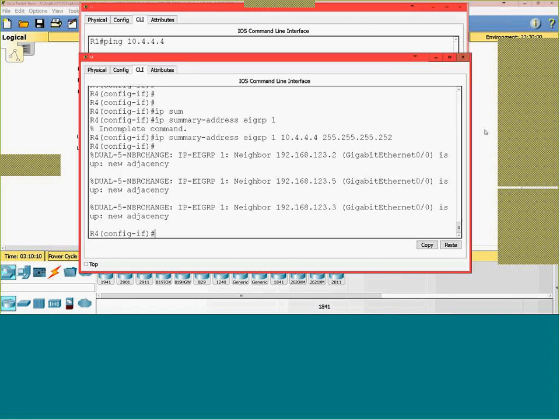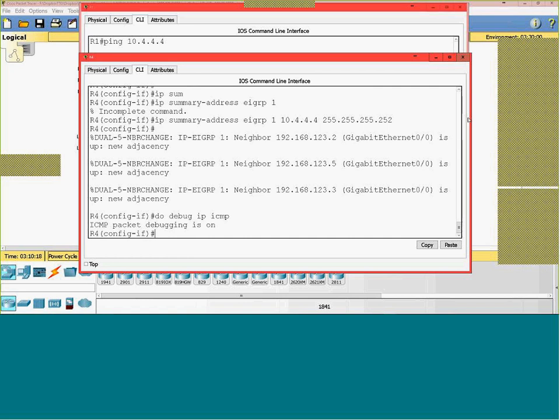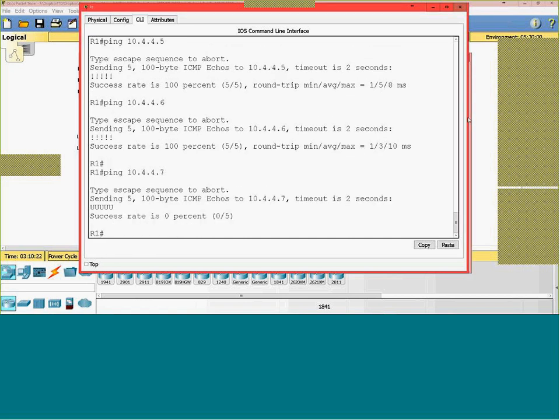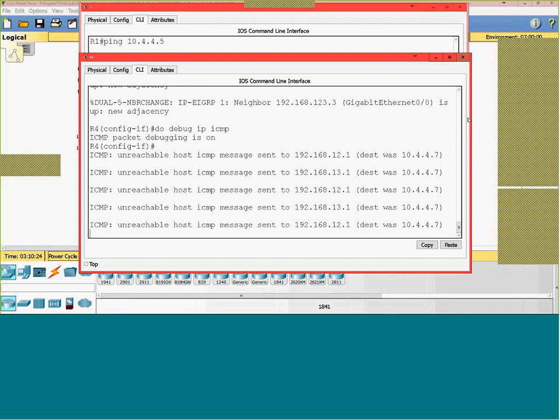In fact, I don't know if this will work, we'll give it a shot. Do debug ip icmp. Ping 10.4.7.4, unreachable. And in fact, I saw those pings hit the router, because the 7 subnet is included in that summary.